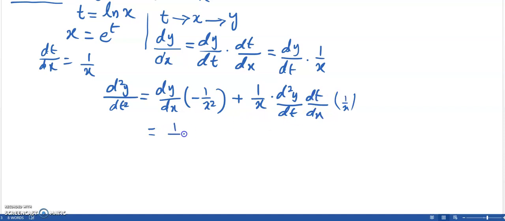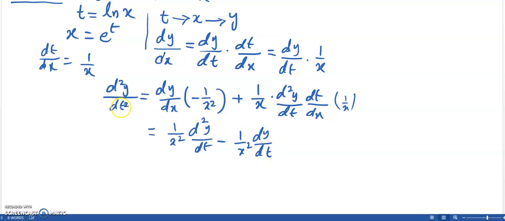So it will be 1 over x square d2y over dt square minus 1 over x square dy over dt.